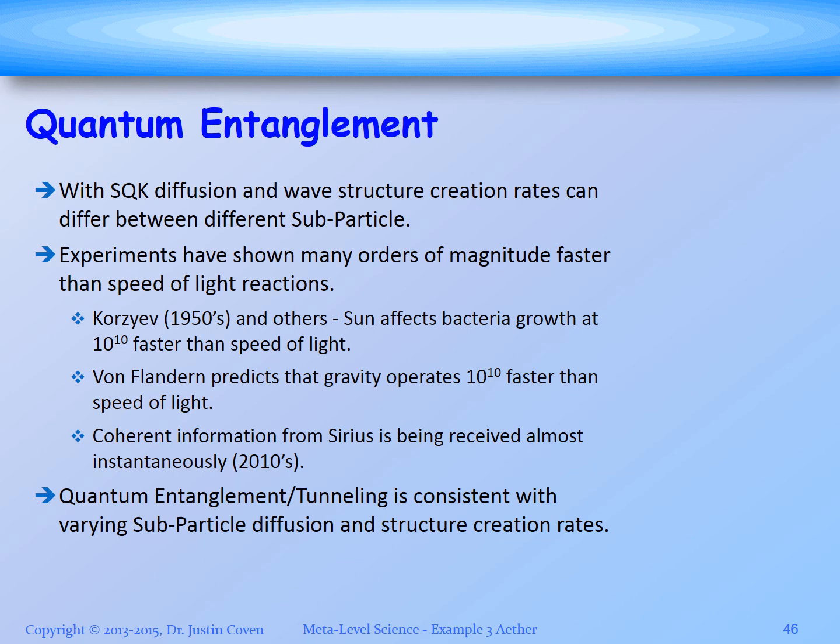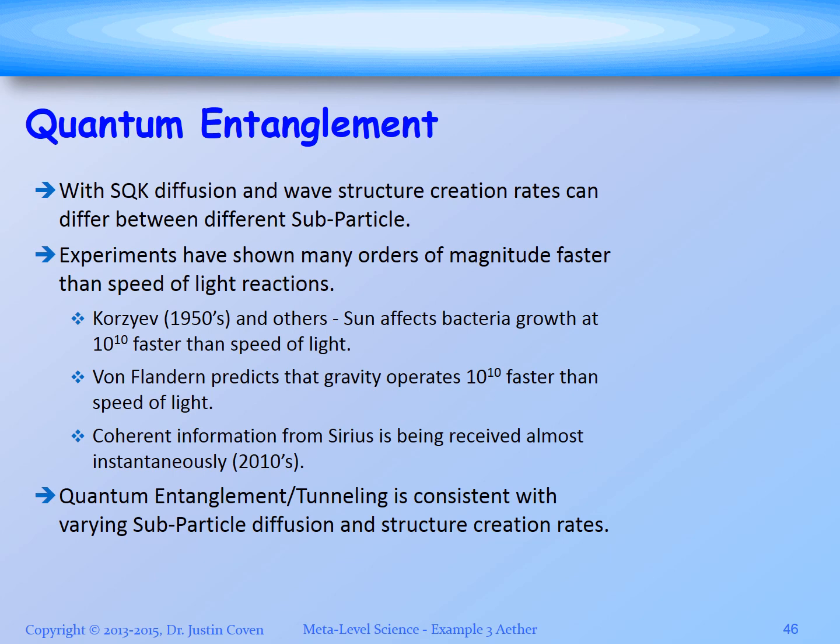For example, Korziev in the 1950s and others noted that the sun affects bacteria growth at 10 orders of magnitude faster than the speed of light. Van Flandern predicts that gravity operates, again, at about 10 orders of magnitude faster than the speed of light.